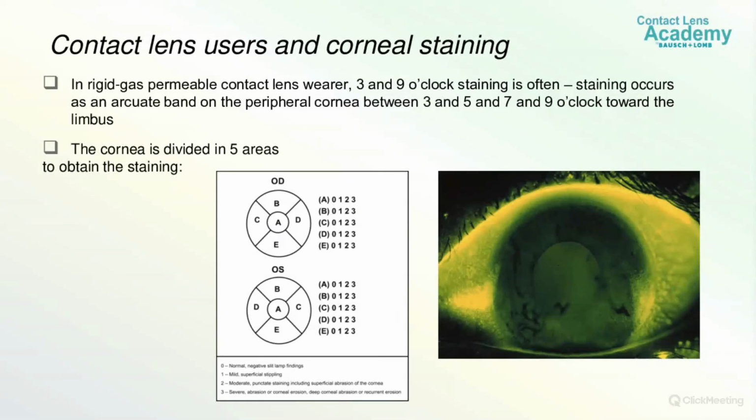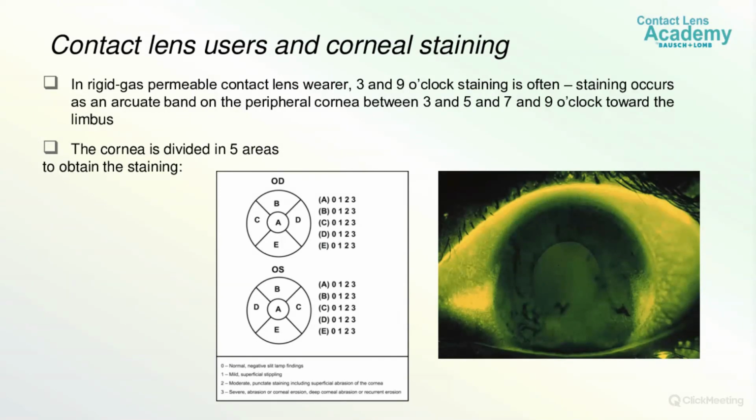In this example, you can see a patient in whom 3 and 9 o'clock staining appears. It often occurs as an arcuate band on the peripheral cornea between 3 and 5, and also 7 and 9 o'clock toward the limbus.